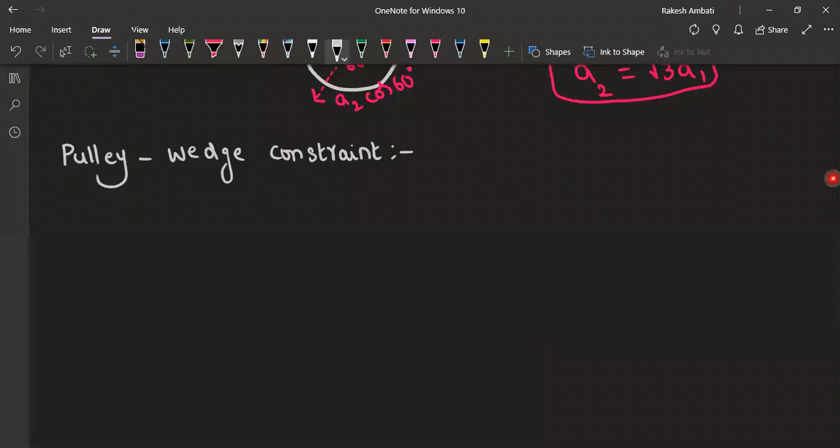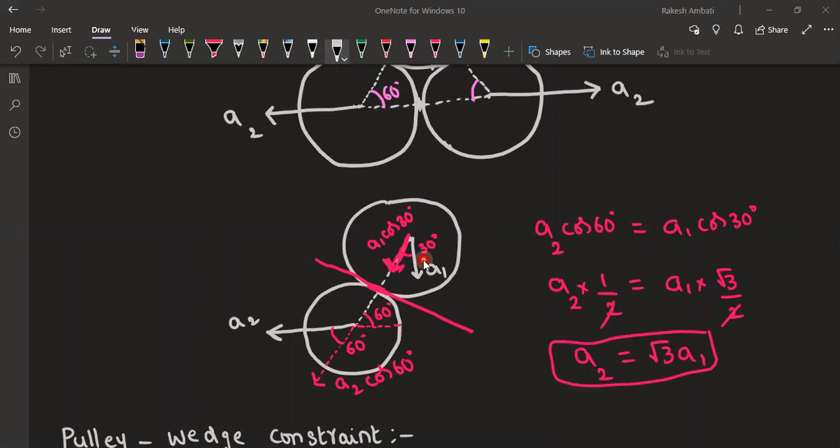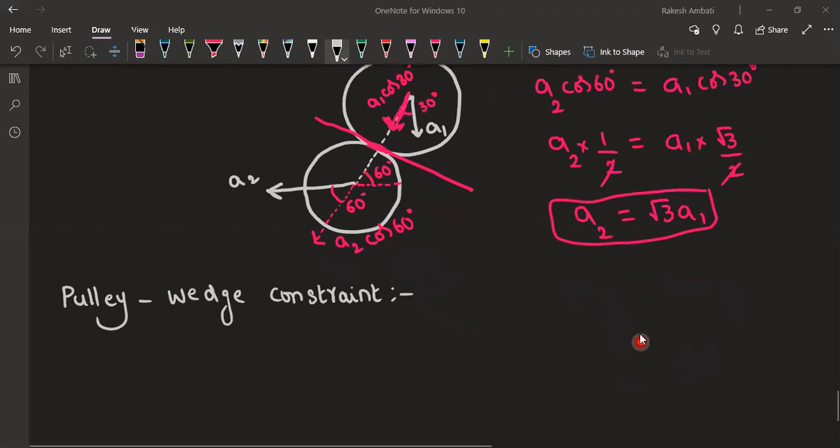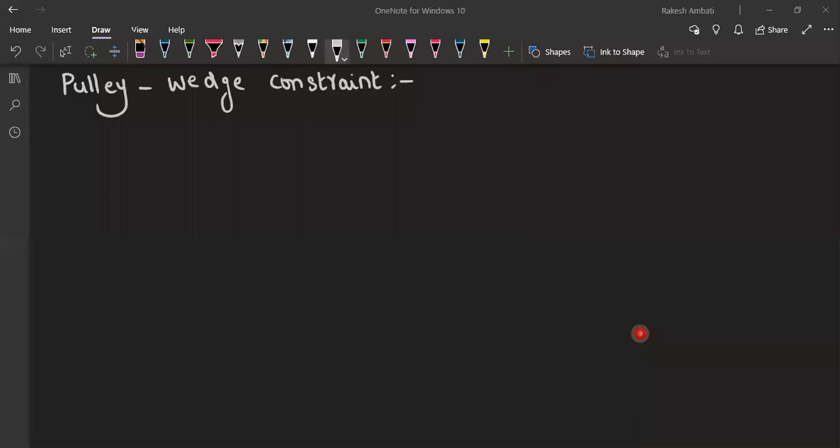Pulley wedge constraint. Okay, so it is very important from a competitive point of view. They ask questions up to advanced level in this concept.